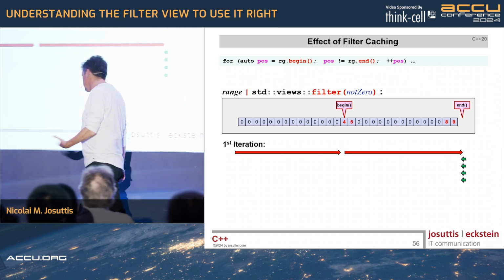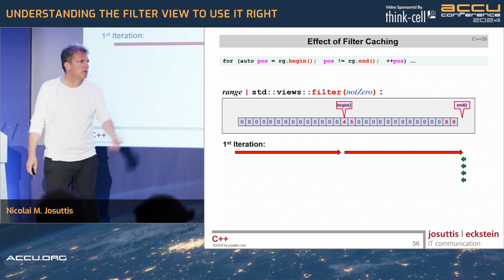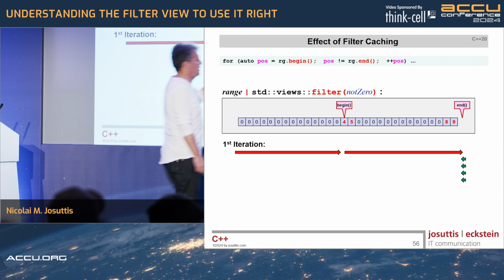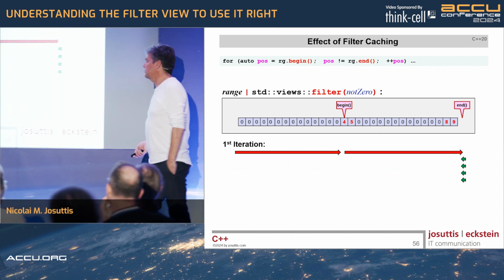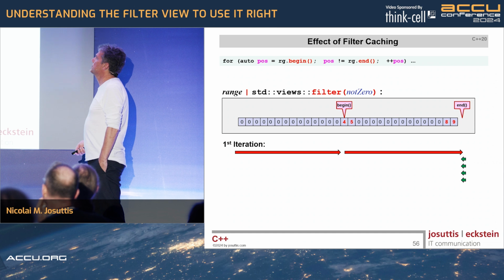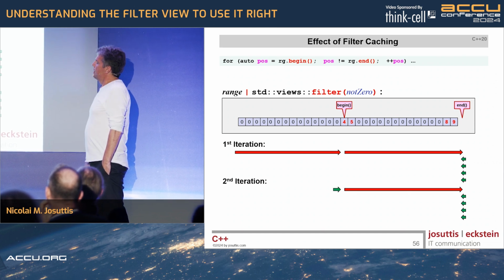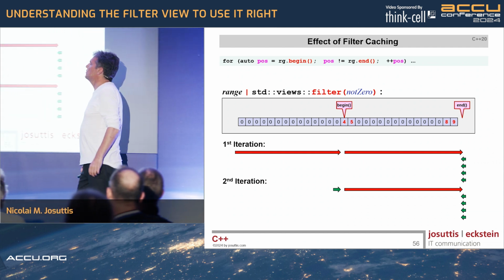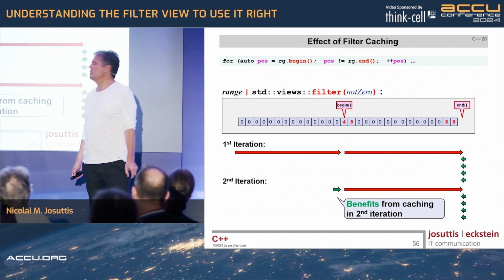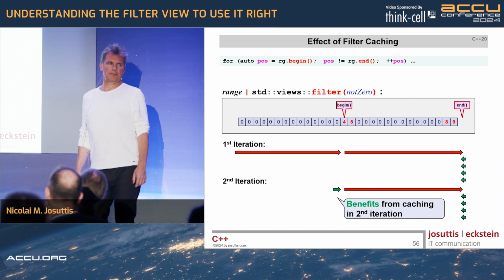By finding begin, we also have to call end, and also while iterating to the end we have to call end. So we call the green function a couple of times here, which is cheap, fortunately, because we don't do anything there. In a second iteration, we have a significant improvement. So we benefit from caching when we iterate a second time over the elements.